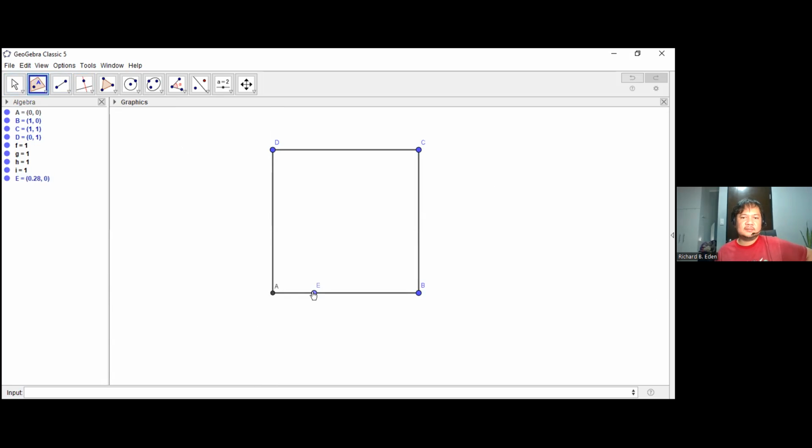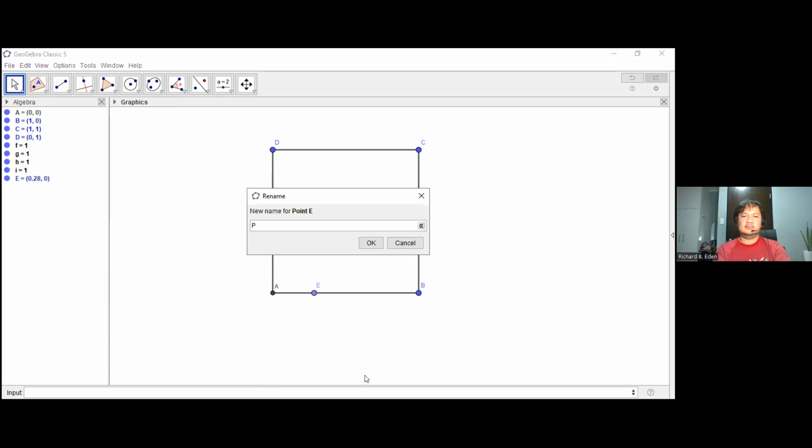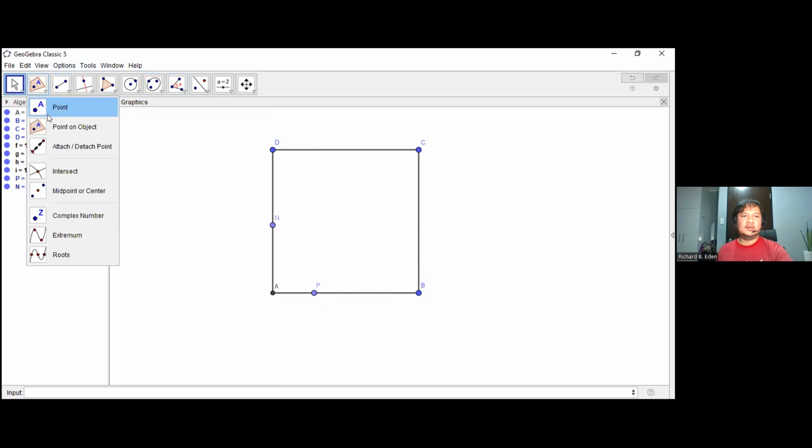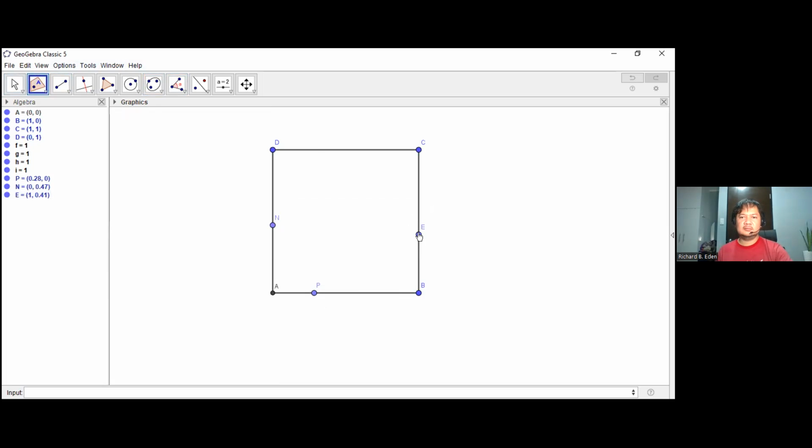Let this be point P. Okay, and then here this is going to be point N, renamed N, and then here is point Q. Now the distances, so distance from A to P would just be the x coordinate of point P. Yeah, x of P. And so 0.28.